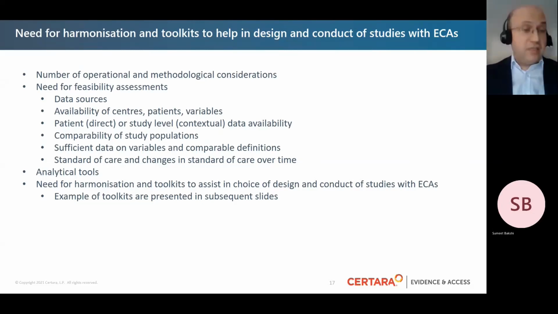Efficient use of appropriate analytical tools is also needed, and this all raises the need for harmonization and provision to assist in the choice of design and conduct of studies with external control arms.